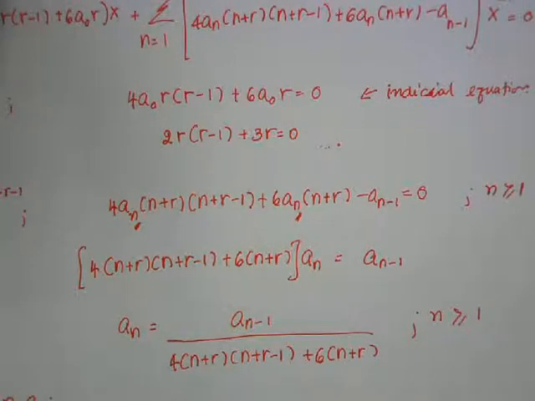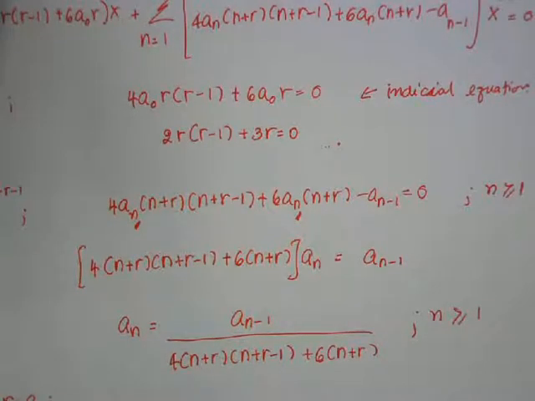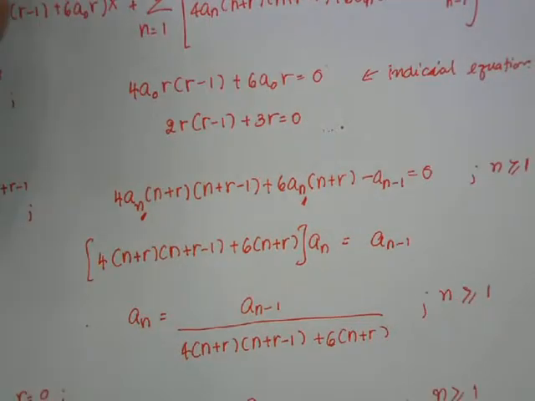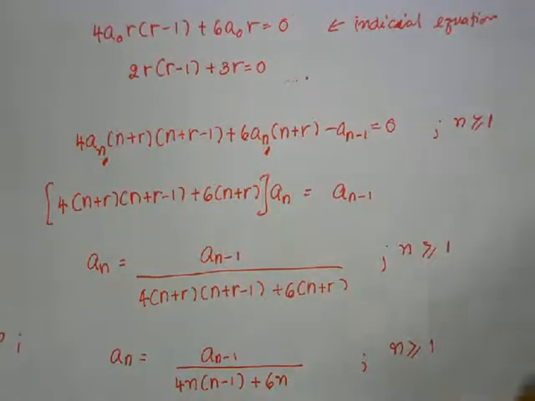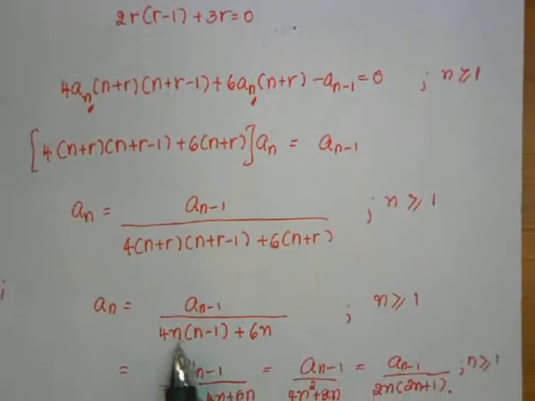And the second set would go to your y2. Now, we put r equal to 0 into our recurrence relation.